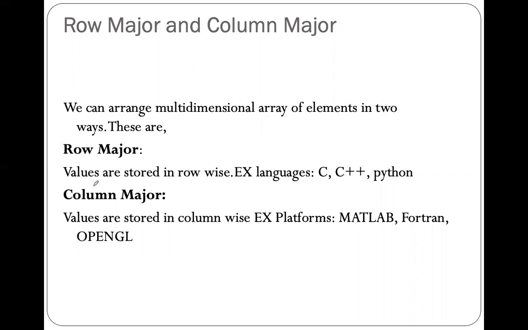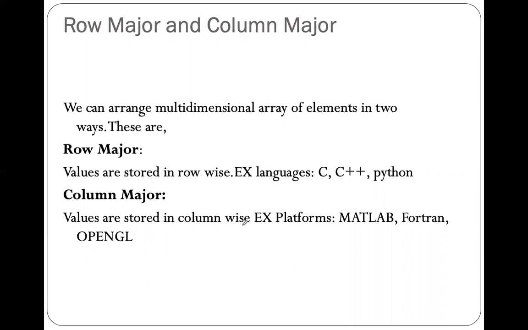So here we store row wise, normally in C, C++ and Python, row major only, which we already discussed now. So in C++ and Python, this representation will be used. Column major will be used in MATLAB, Fortran and OpenGL.